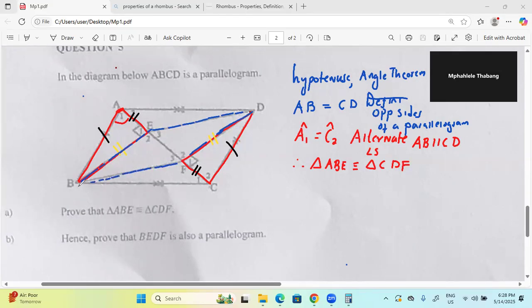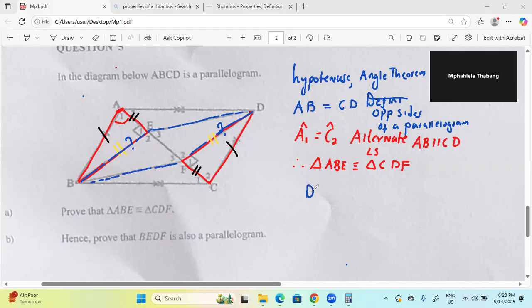We know that opposite sides of a parallelogram are equal. So if it's a parallelogram, the side BE must be equal to the side DF. And already we know that BE equals DF.